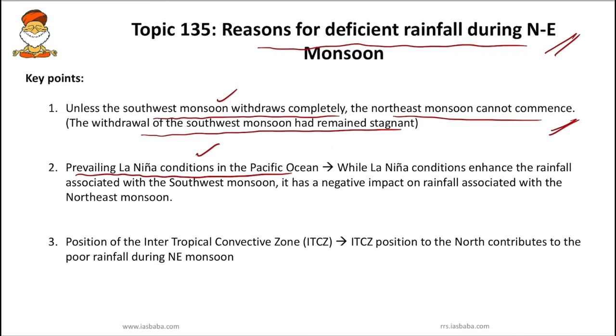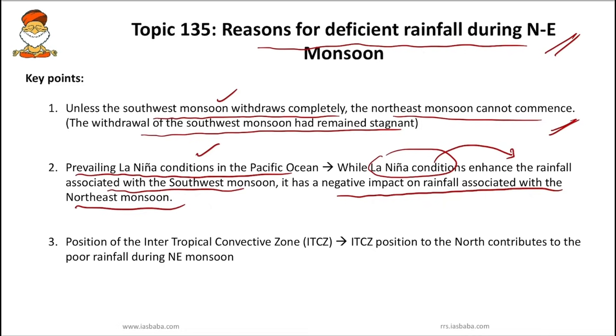Because of the prevailing La Nina conditions in the Pacific Ocean, whenever there are La Nina conditions, it enhances the rainfall associated with the southwest monsoon. However, it has a negative impact on the rainfall associated with the northeast monsoon. During La Nina years, the low pressures or cyclones which form in the Bay of Bengal are significantly to the north of their normal position.